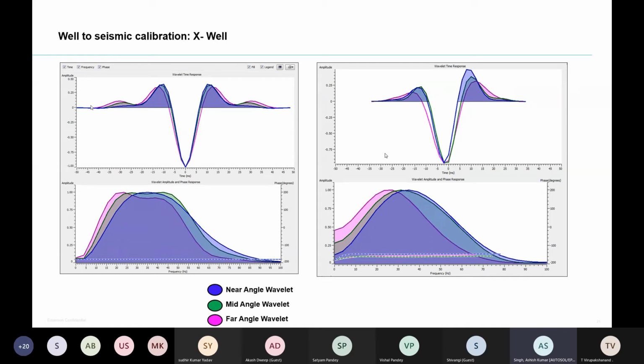But with a Ricker wavelet, you have to give the frequency range and add your amplitude spectrum to it. So you can start from either one, statistical or a Ricker wavelet, but your seismic spectrum should be covered in that wavelet, right?